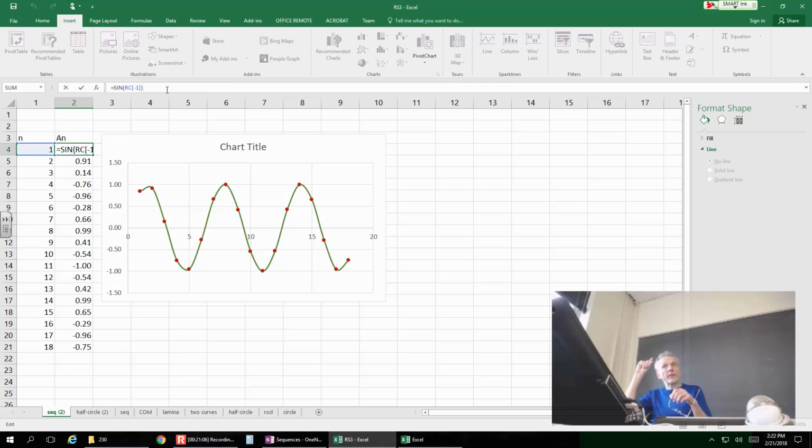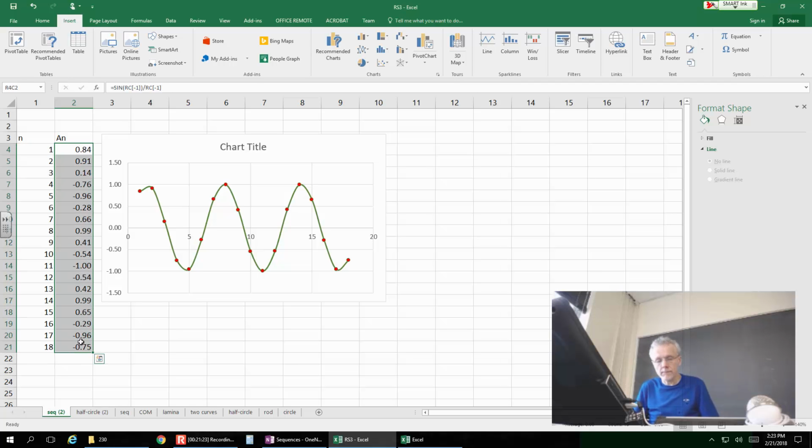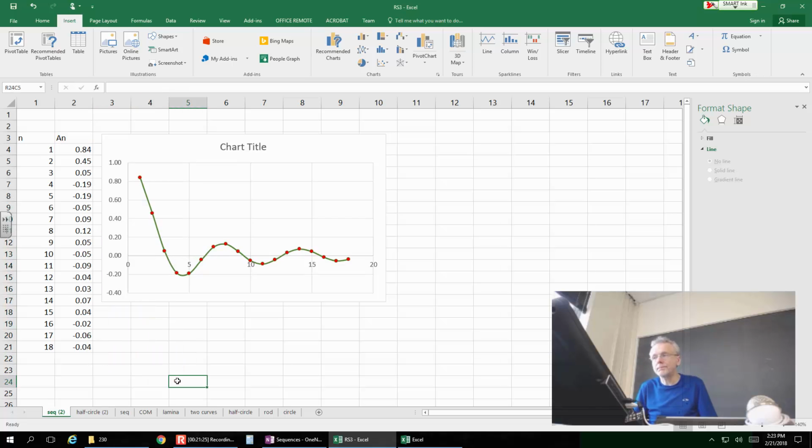So divide by 2, by 3, by 4, by 5, and it will start to thin out towards the x-axis. So I will simply divide once again by n. I'm dividing by n, like this. Okay, you see what's happening?